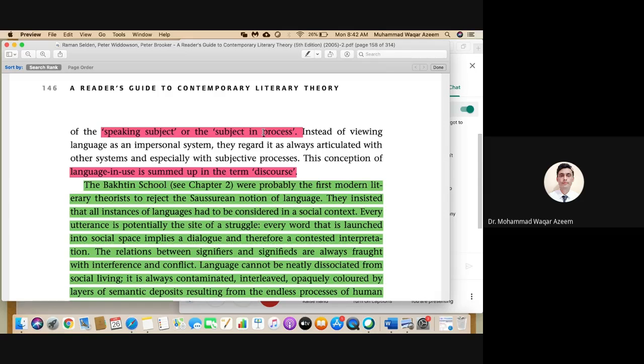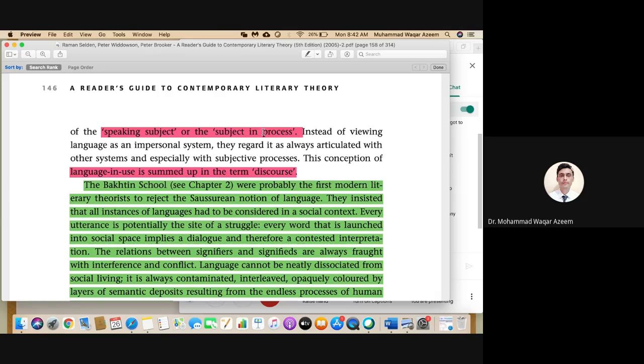Therefore, the subject is constantly in a process, it is constantly changing, right? Therefore, when a subject articulates any meaning or articulates any intention, it is not articulation just of the pre-existing structures. Rather, it is also articulation of the subject herself or himself, right?